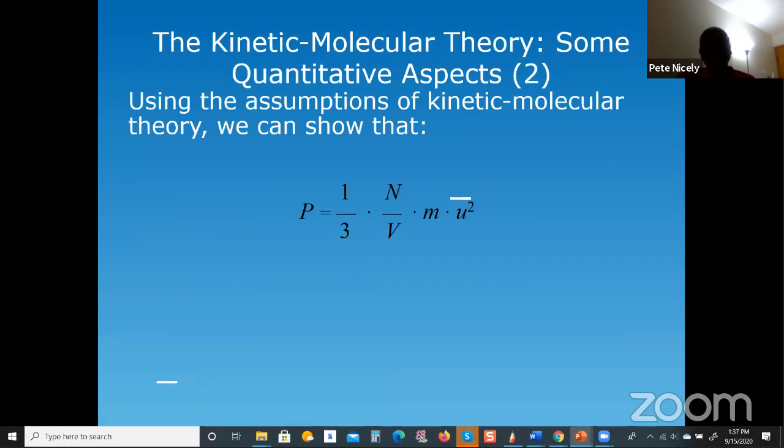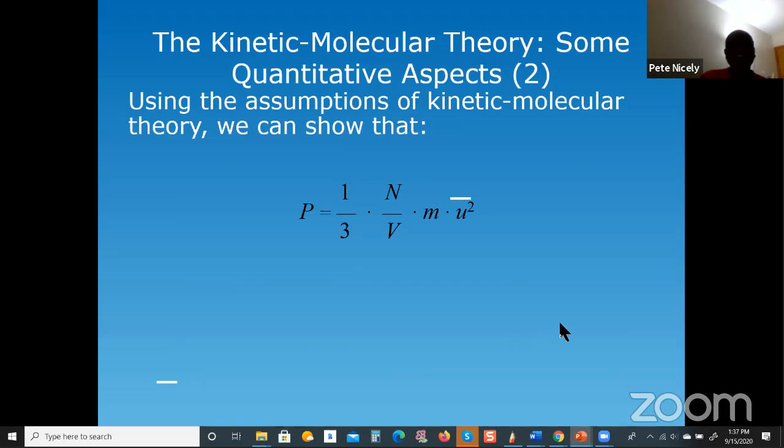And based on what we just talked about, one can derive this equation. Now this equation, don't worry about it. You don't need to know about it. I'm just showing you this simply because I have to, because it's an equation that is derived from the kinetic molecular theory.